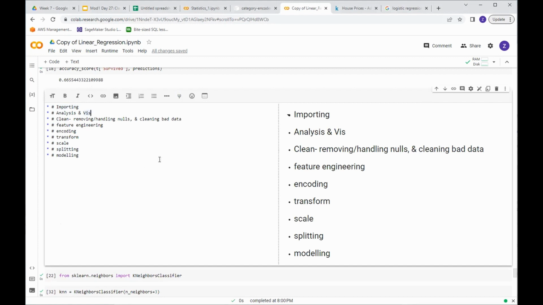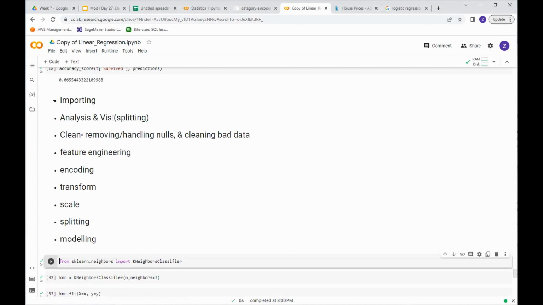So just keep in mind that this splitting can be done upstream also. You're doing it way above, or you can do it here, depending on where you want to do it. But this is generally the process that you want to follow when you are doing any kind of machine learning algorithm. You import the data, you analyze, you visualize, then you clean, feature engineer, encode, transform, scale, and then you split your training and testing, and then you build the model on that.